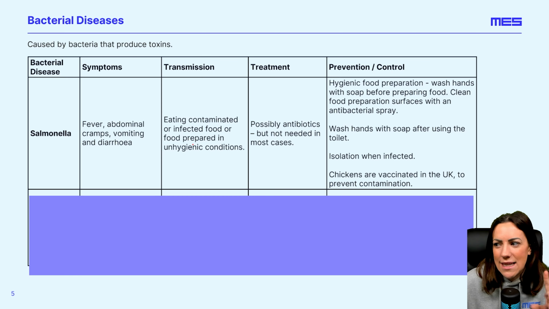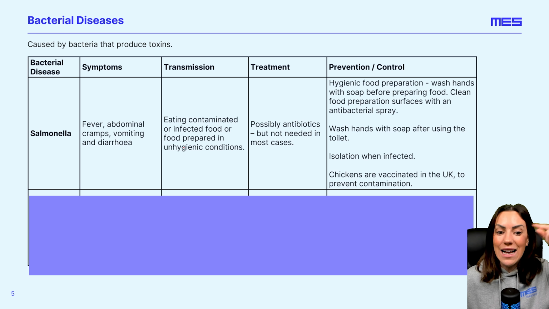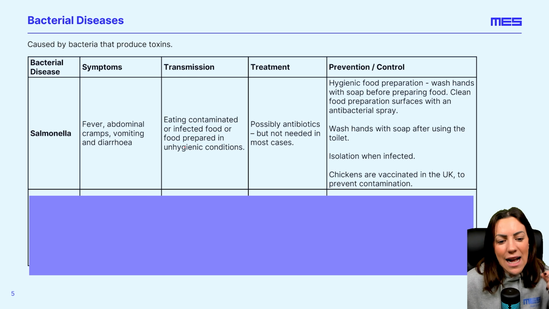How is it transmitted? Well, if you eat contaminated or infected food, and this bacterium is commonly found in chicken and in eggs. And obviously, if that food is contaminated and it's not cooked to a high enough temperature, then the salmonella bacteria will not be destroyed and you could end up with an infection.